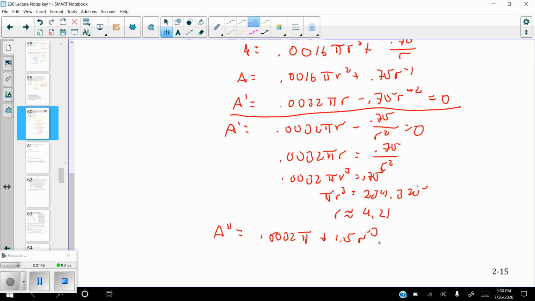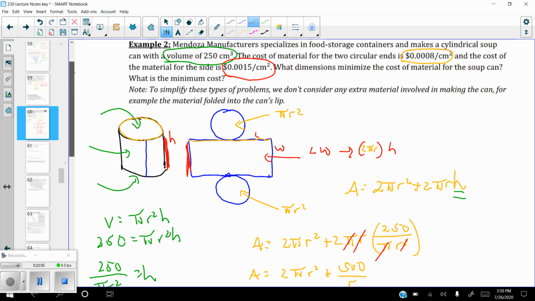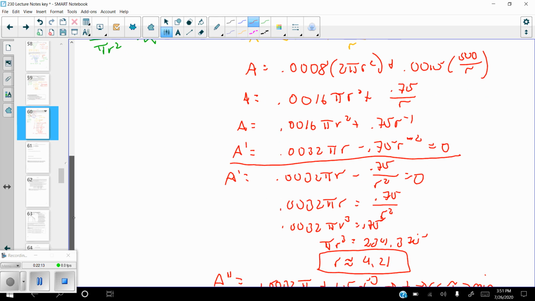This whole thing right here is always going to be positive for any positive value I plug in. So because this is positive, that means it's going to be concave up, which means it is going to be a minimum. So this right here did minimize our material for our soup can. This was done in centimeters, so that radius is going to be in centimeters.